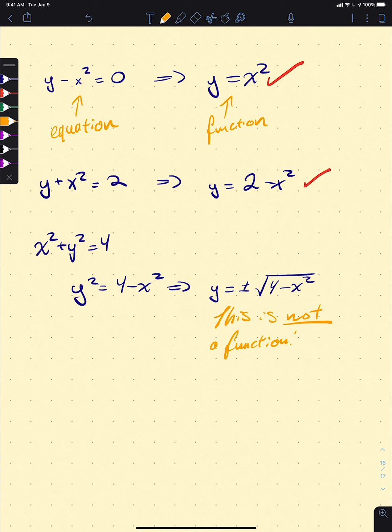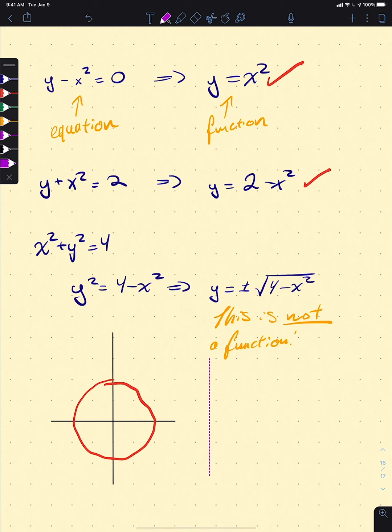Those of you who remember your conic sections, if you ever studied those in high school, you might recognize this equation as the equation for a circle with radius 2. And if we bring back our vertical line and attempt to sweep this over, you'll notice it also fails the vertical line test.